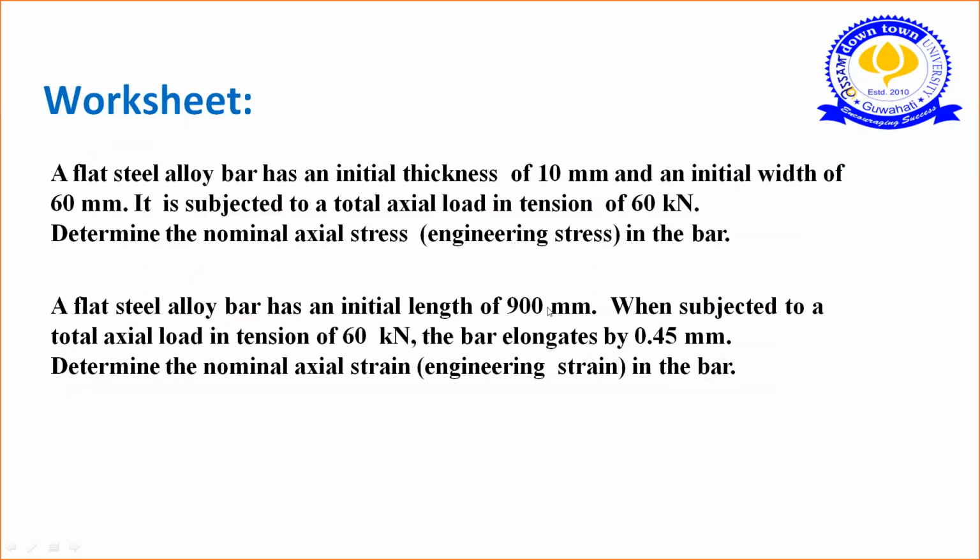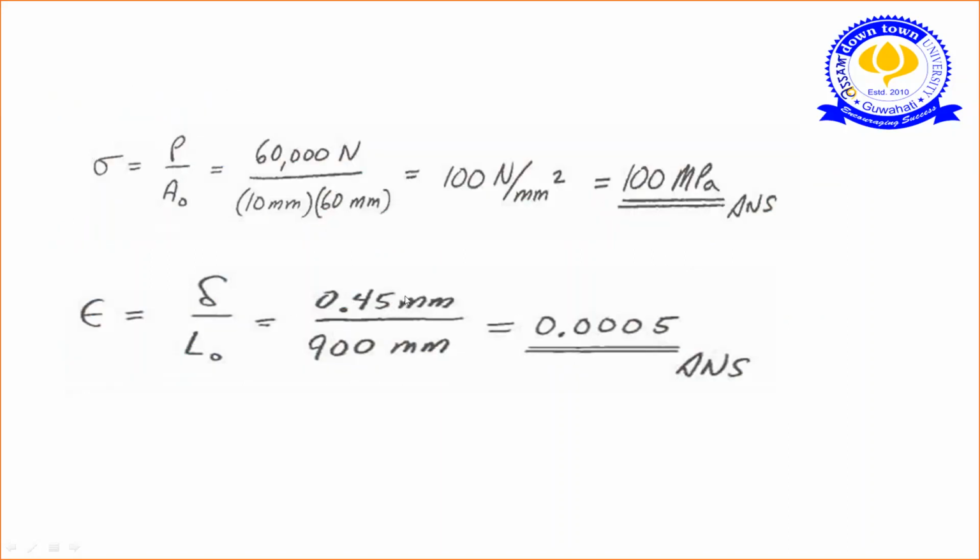Then let's move to the next question. The same flat steel alloy bar has an initial length of 900 mm, so our L naught is nothing but 900 mm. When it is subjected to a load of 60 kilonewton, it elongates by 0.45 mm. This is our delta. Initial was 900 mm, and the change in length was 0.45 mm.